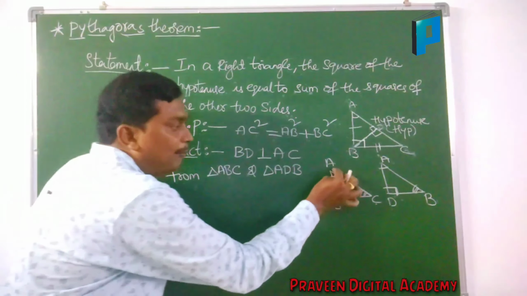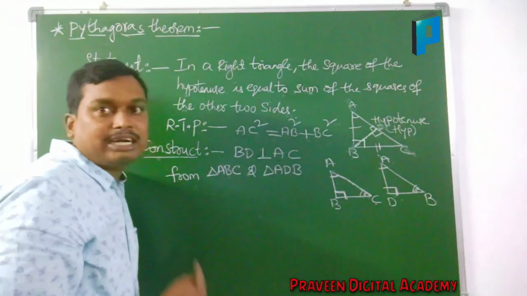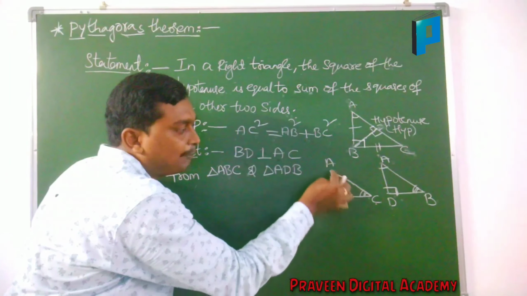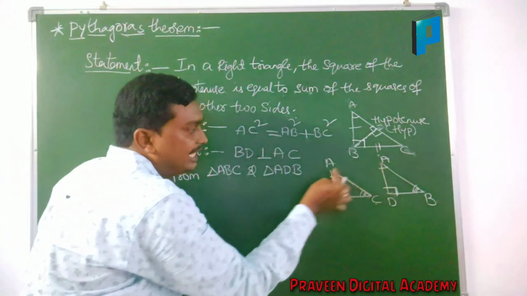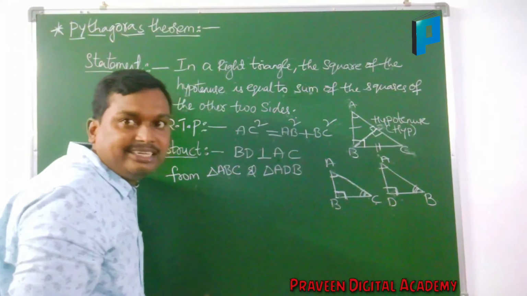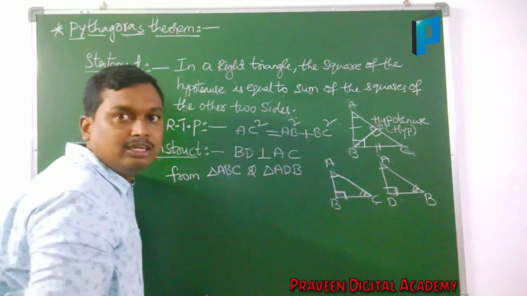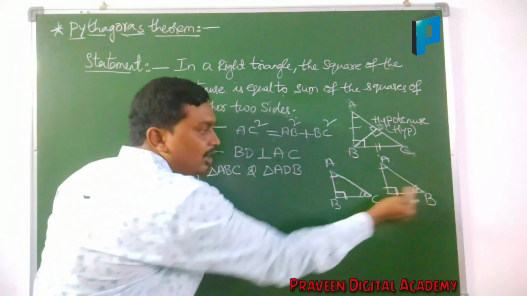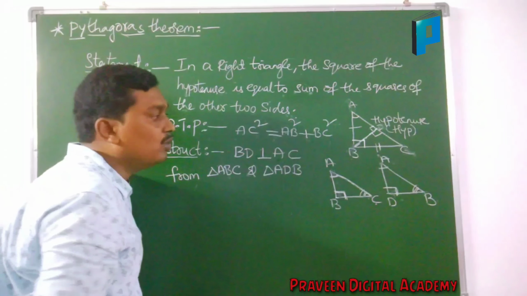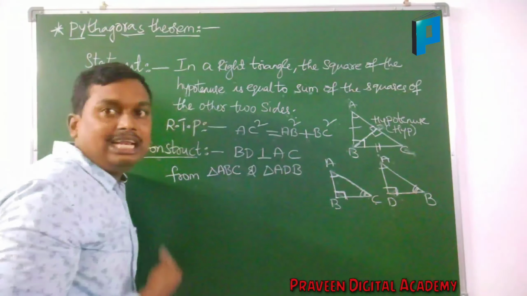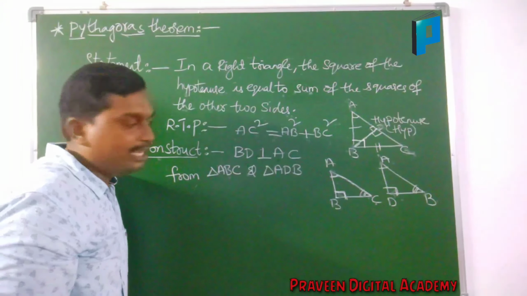Why? Because the sum of the interior angles of a triangle is 180. If from 180 we subtract equals, we get equal answers. So if two angles are equal, the third angle is also equal.